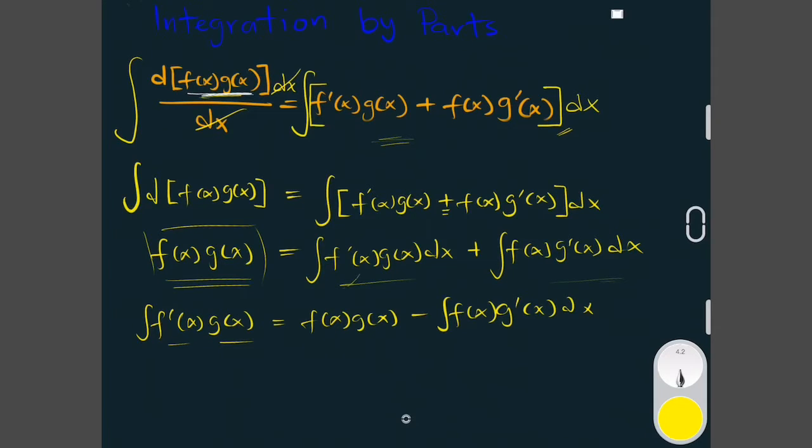So it's like we brought this to this side, brought this to this side, and multiplied both sides by -1, and we got that. This was for this one.